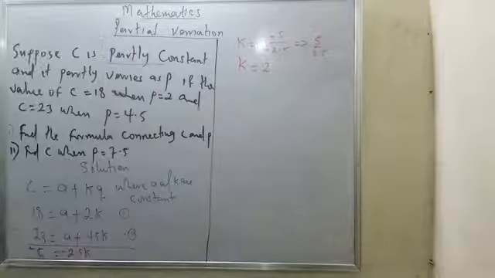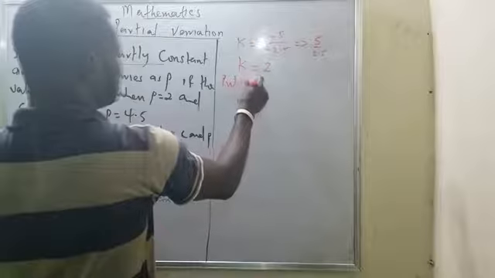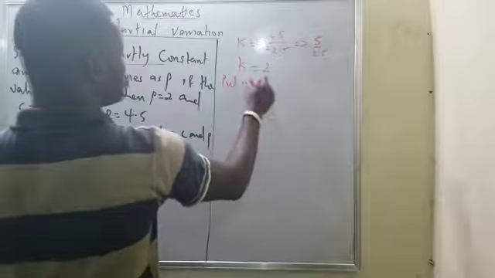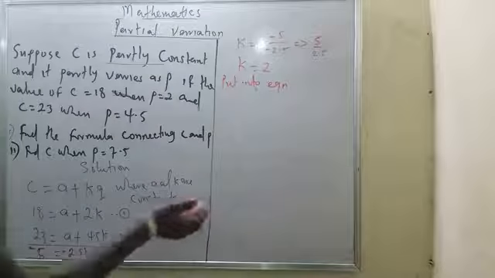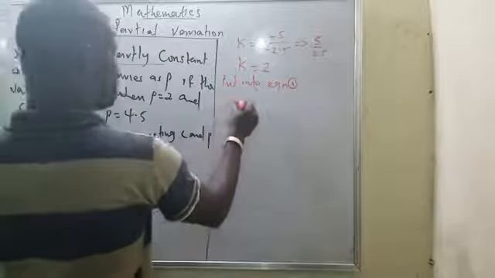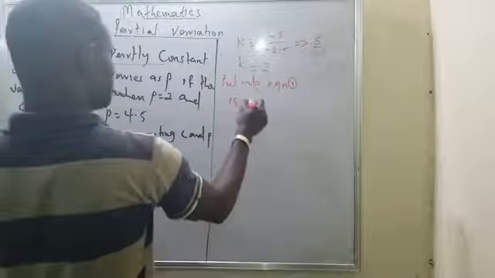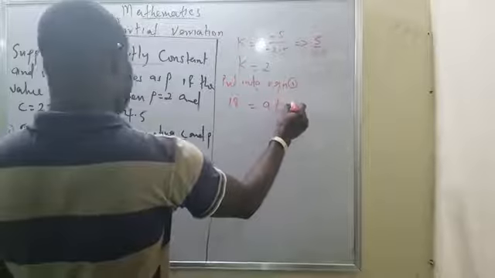Since K equals 2, I can now put K into an equation. Which equation will be convenient for me? Equation 1, no problem. I'll have 18 equals A plus 2 bracket of 2.